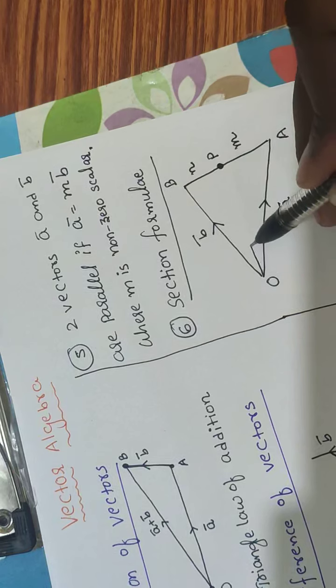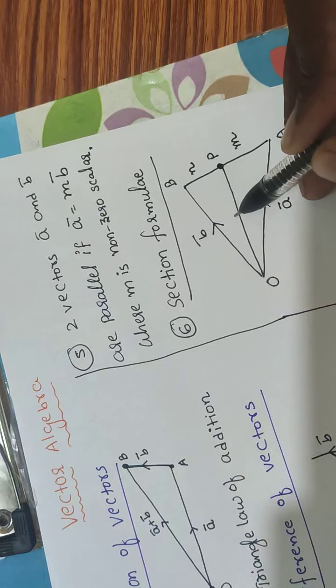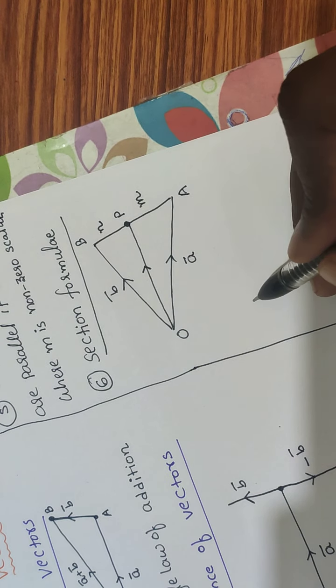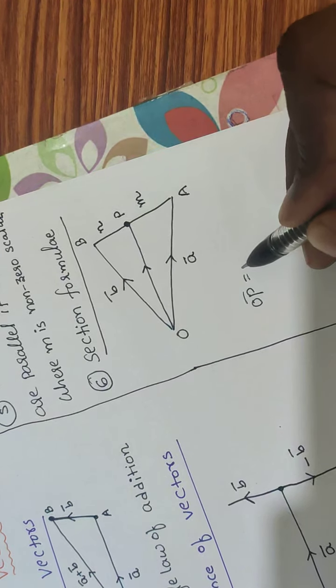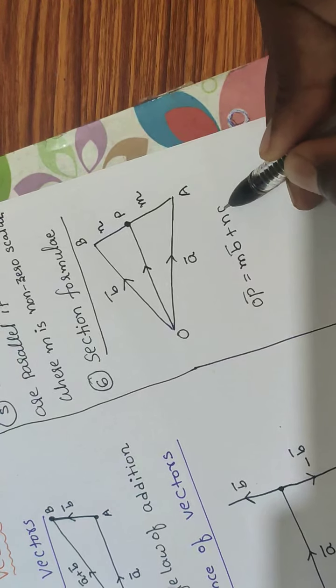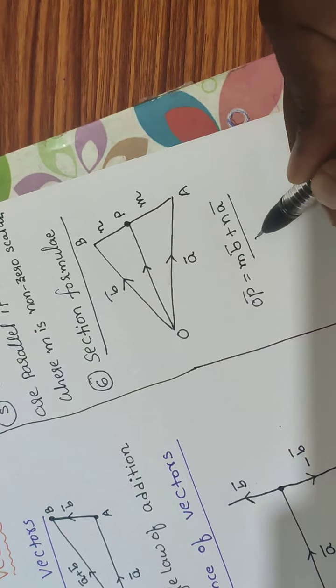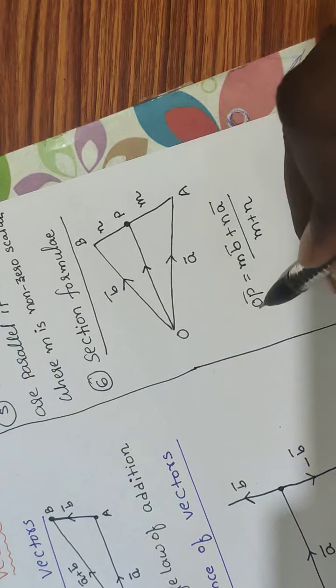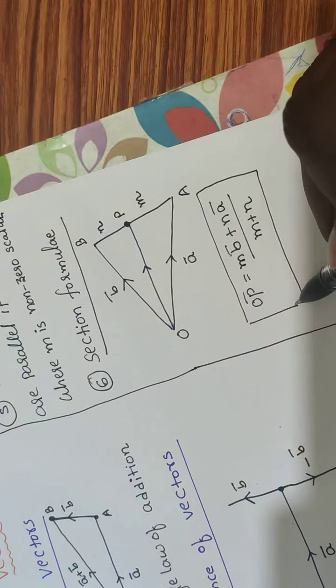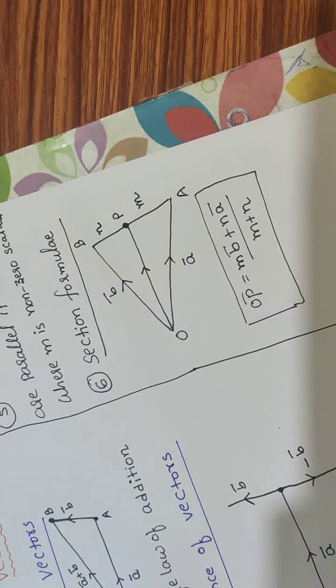Then the position vector of the point P, that is OP bar equals to m b bar plus n a bar by m plus n. This is the section formula for internal division.